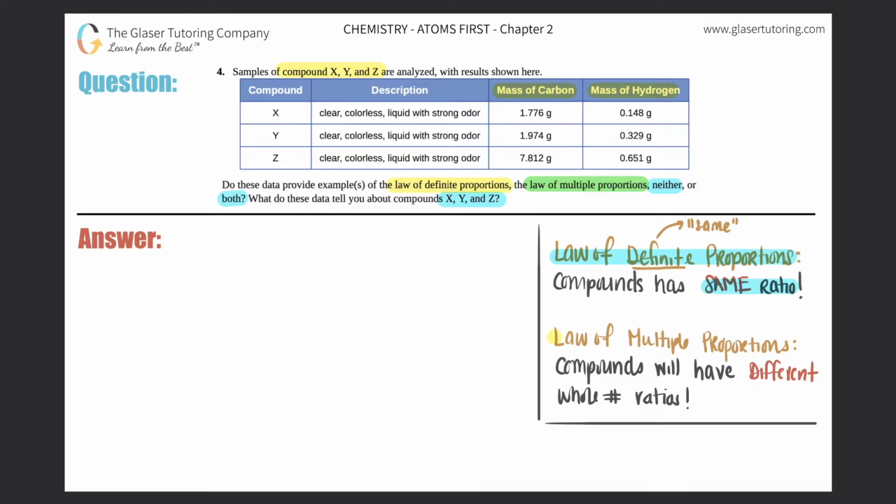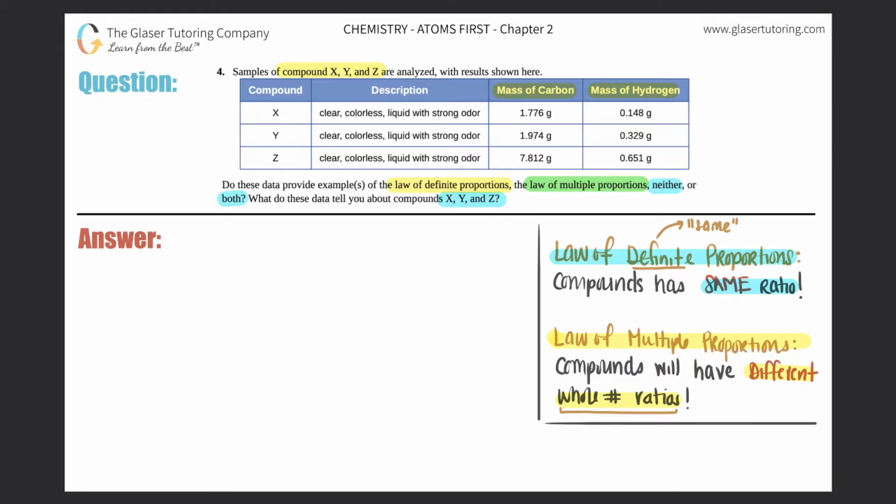Conversely, the law of multiple proportions is when the compounds will have different whole number ratios. And key in on this whole number ratio idea. So everything will be able to be simplified down to whole numbers. And we know whole numbers from math, right? 1, 2, 3, 4.